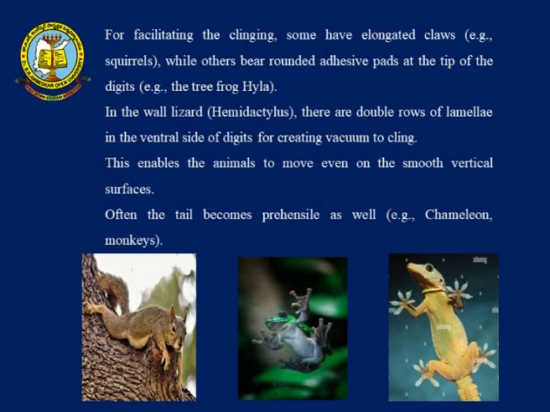This enables the animals to move even on a smooth surface, or to walk even upside down without falling. That is the reason why they have these double rows of lamellae, which cling on like a vacuum. Often the tail also becomes prehensile, in chameleon and of course in monkeys.